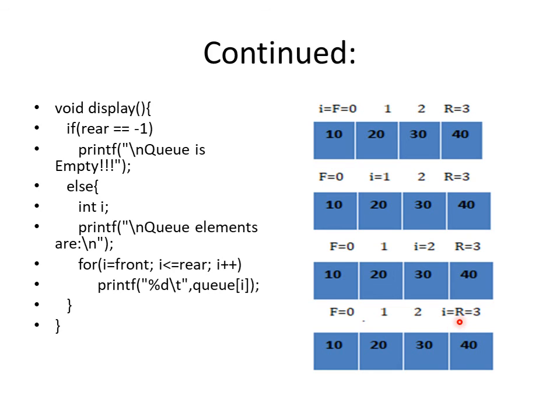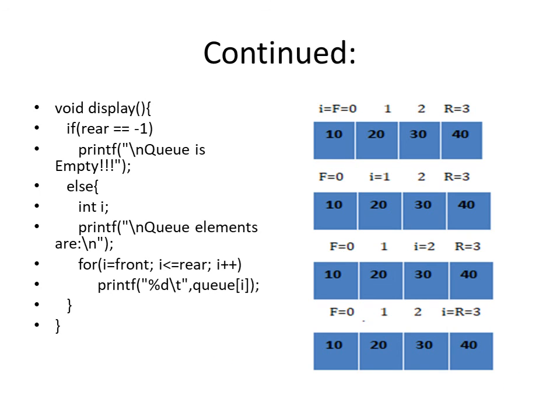You can see I equals r equals 3, it is the same. Front was initially 0 and now also it is 0. Only I is incremented. Now I equals r equals 3, that means I have printed all 4 values, that is 10, 20, 30, 40.